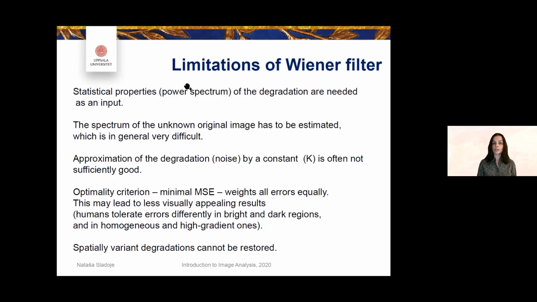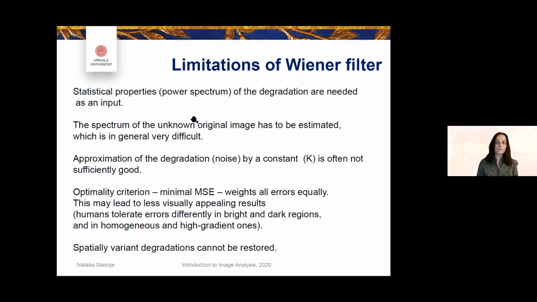So let's then summarize what we learned about Wiener filter. We can say that Wiener filter is a type of inverse filtering with additional information about noise used in the definition of the filter.